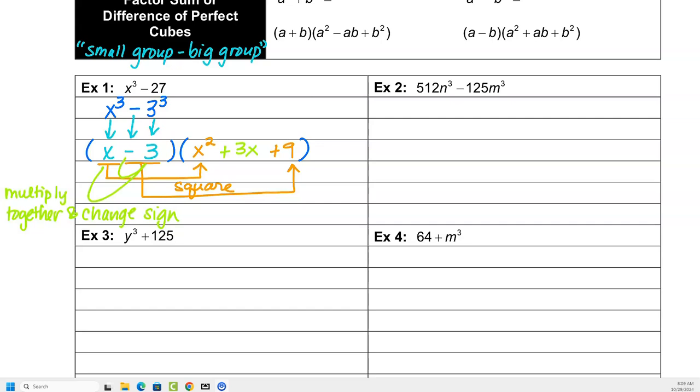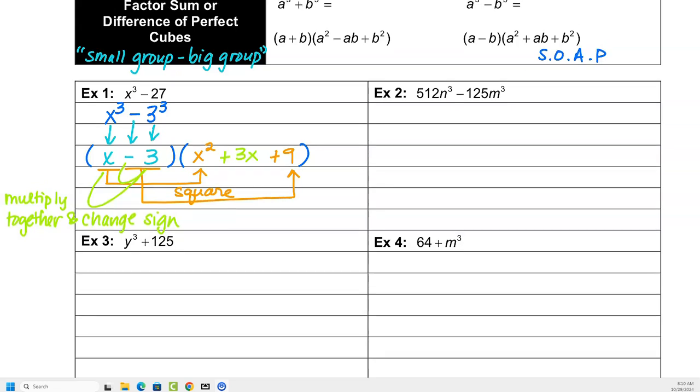Okay, now you're going to use SOAP. This is an acronym to double check your signs. So what does SOAP stand for? The first one is S, same, meaning that it's the same sign in the group.